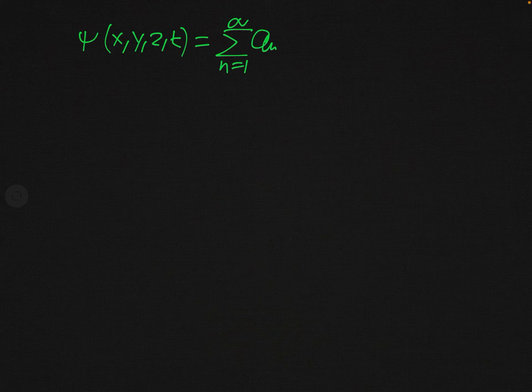So, as you have seen, the wave function for such a state is psi of x, y, z, t equal to summation n equal to 1 to infinity a_n phi_n of x, y, z times e raised to the power minus i E_n t over h bar.